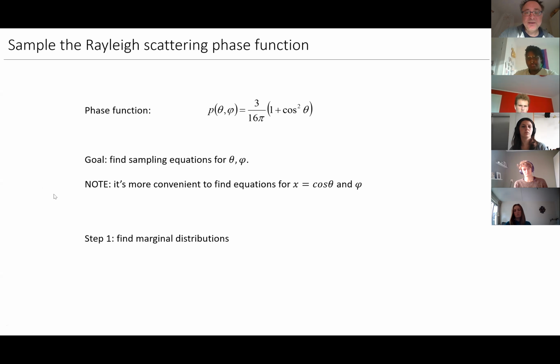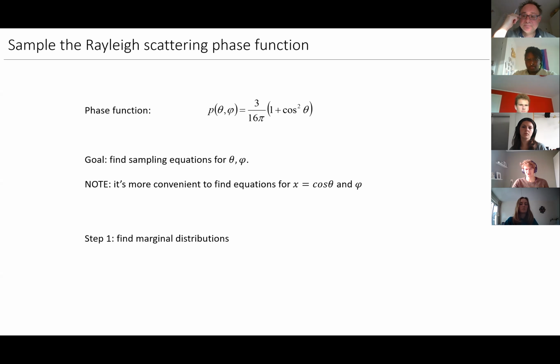So step one in this approach would be to find the marginal distributions. Can you give them quickly to me? The distributions for theta, the distributions for phi, and the distributions for cosine theta. Remember that rule of thumb that there is no dependence on phi in the phase function, no functional dependence.